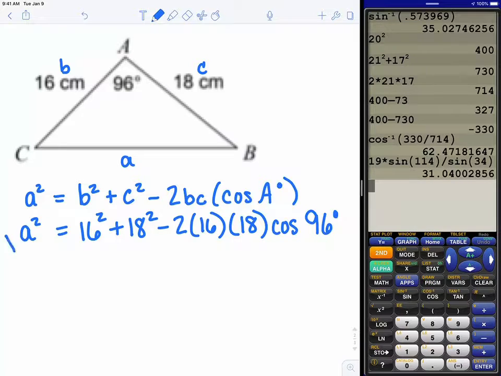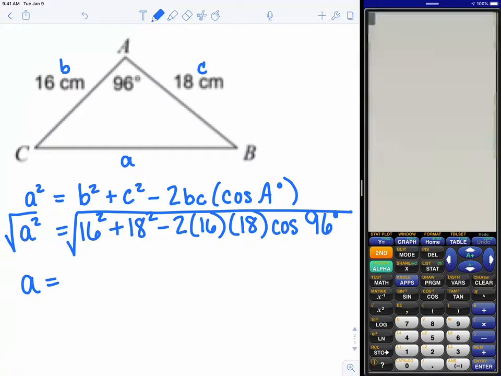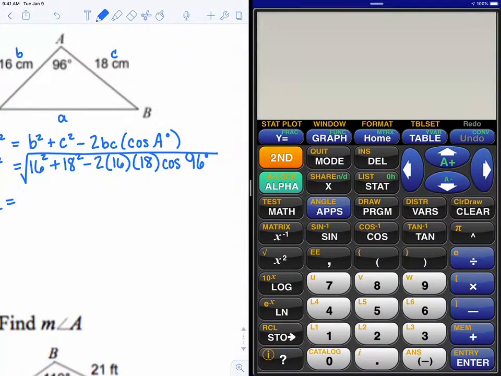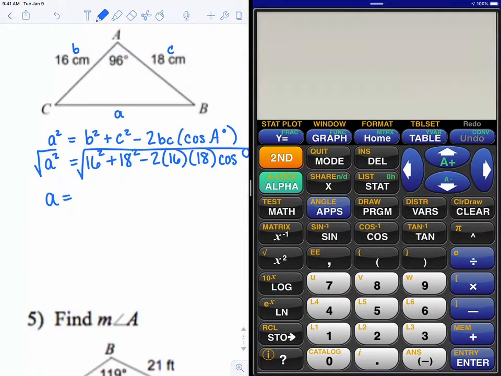I go ahead and take the square root to begin with, because I have to take the square root of both sides to get a by itself. On the left side it says a squared, it doesn't say a. I want to get a all by itself, so a is equal to the square root of all of that stuff.